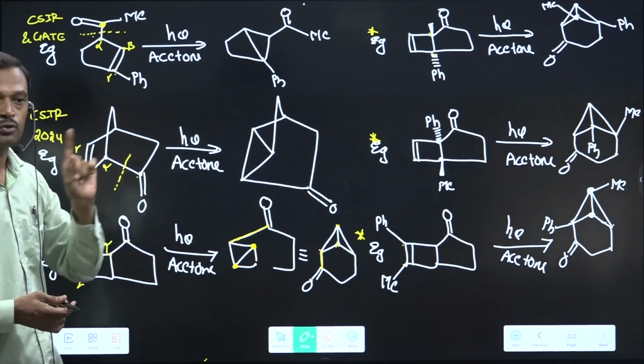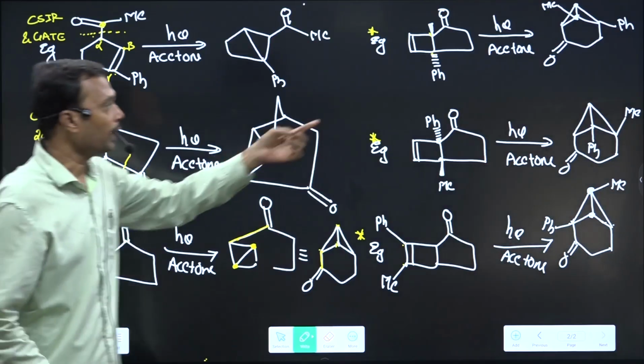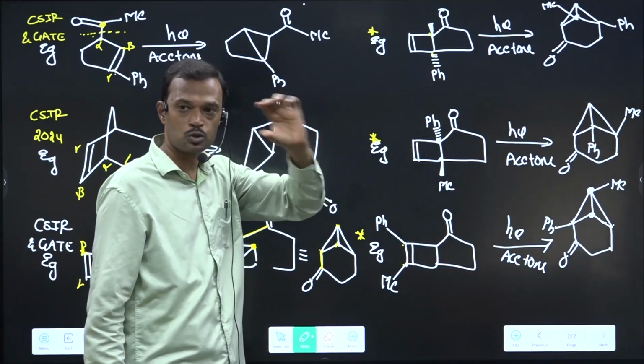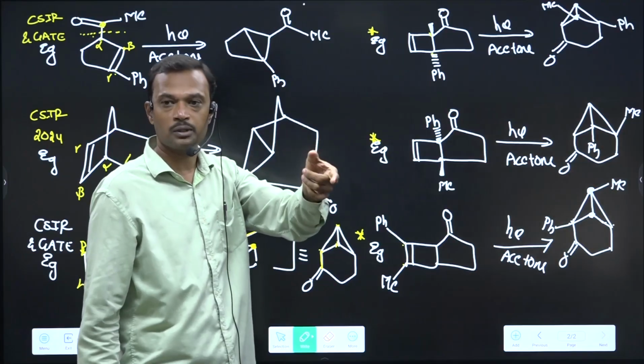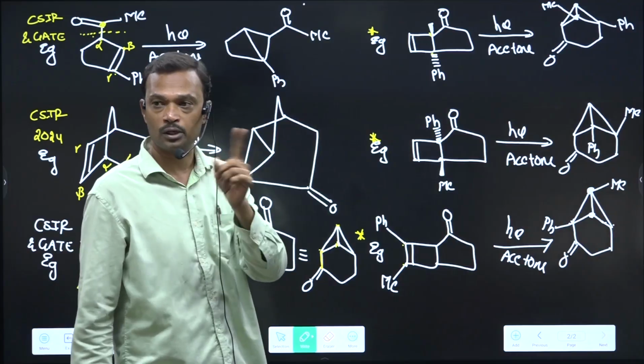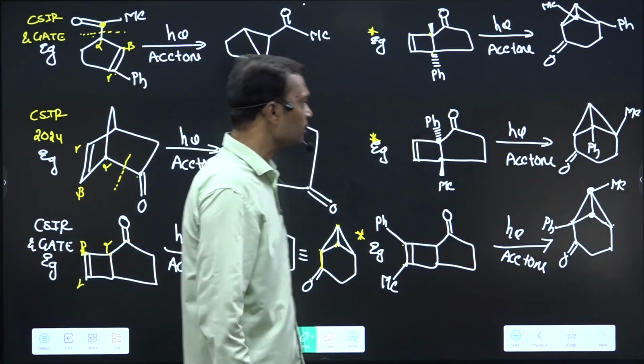But you can expect a straightforward question from 1,3-butadiene, singlet reaction, triplet reaction, and di-pi-methane, oxa-di-pi-methane. Out of these two, oxa-di-pi-methane is most important. While revising oxa-di-pi-methane, you can also try to prepare NOE. NOE oxa-di-pi-methane questions are coming. Clear? So we'll stop here.